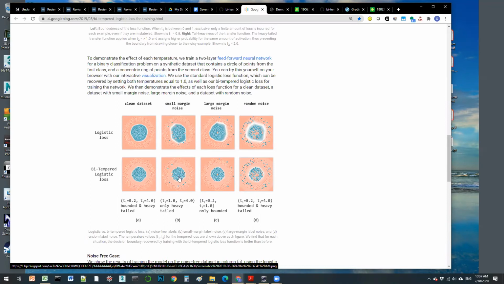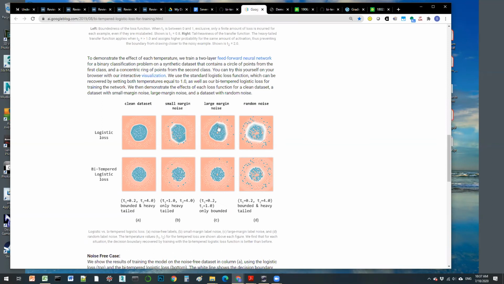Whereas in the bi-tempered logistic loss, the one I'm pointing at right now, second row, second column, it's a much better behaved classifier than the one on top. And that's done by using a T2 value of 4.